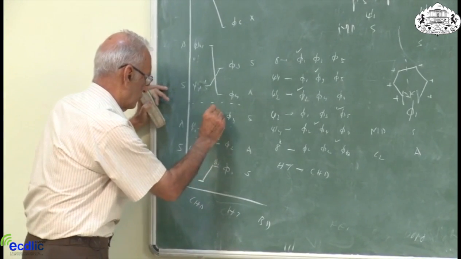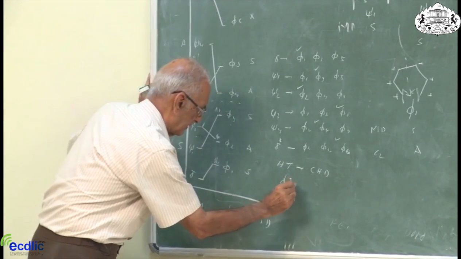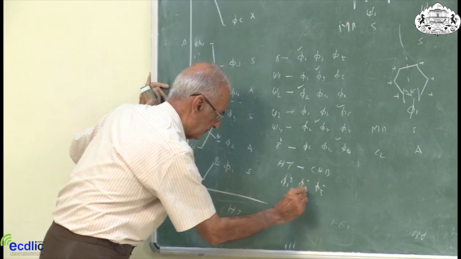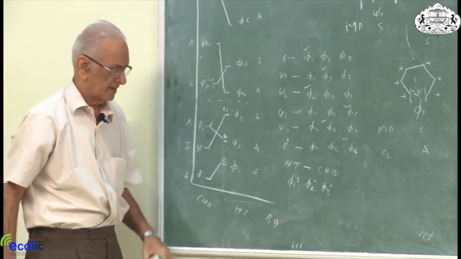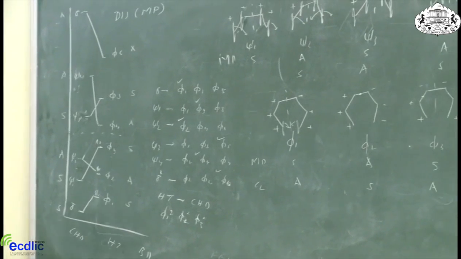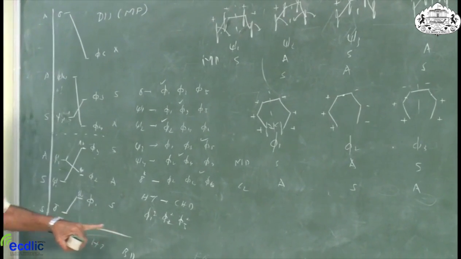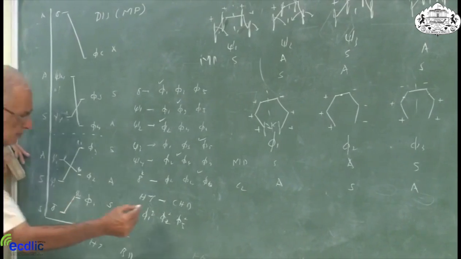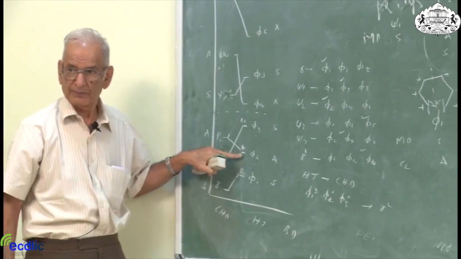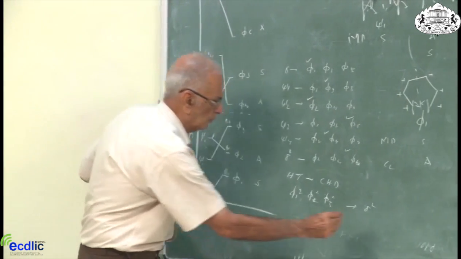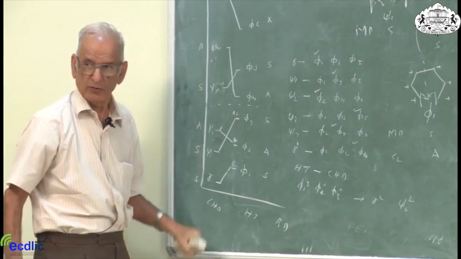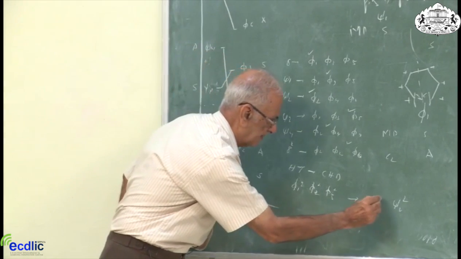Where do these electrons go? The sigma 2 goes into sigma, psi 2 2 goes into phi 2, and psi 1 2 goes into phi 1.